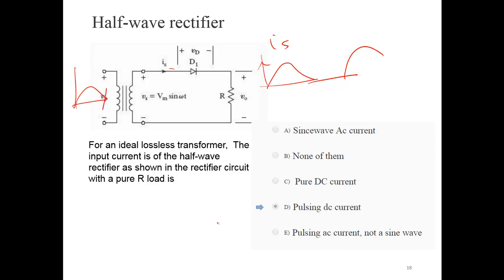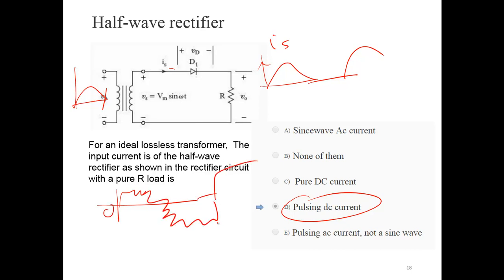It's not AC, it's a pulsating DC. That input current is a pulsating DC. I should mention that sometimes it's confusing. Now, what is AC? If you have a waveform with alternating current, with respect to 0, it will have a positive value and a negative value.